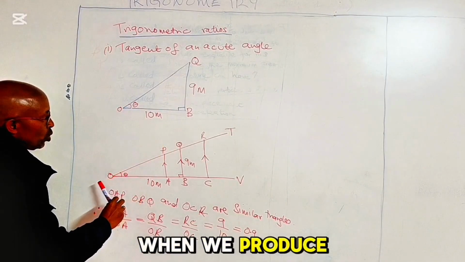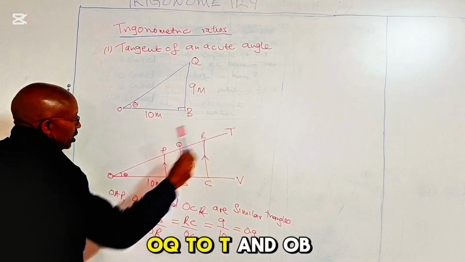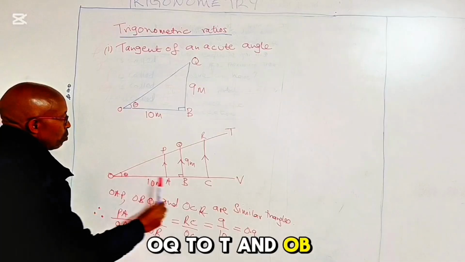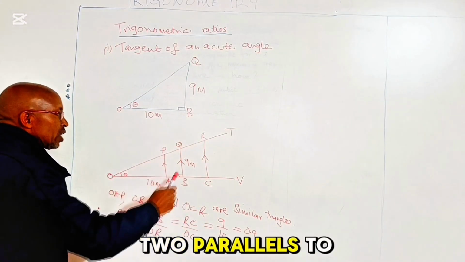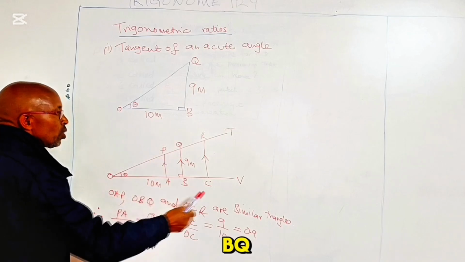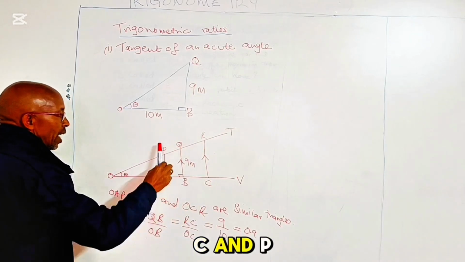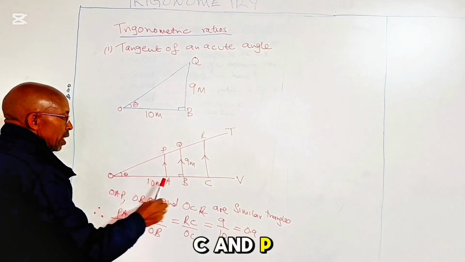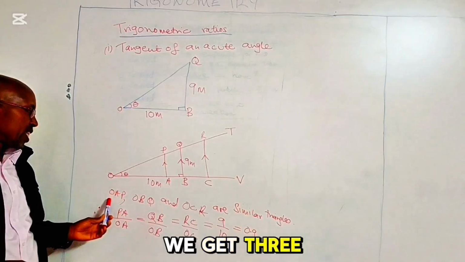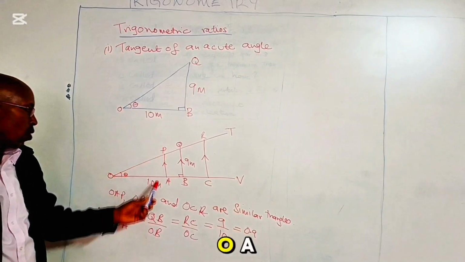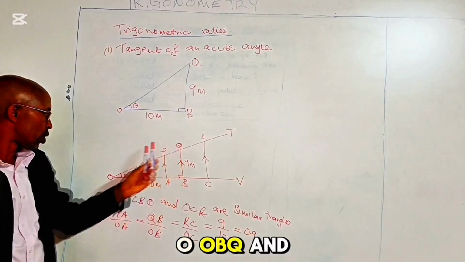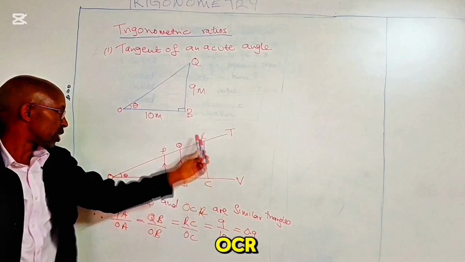After considering triangle OQB, when we produce OQ to T and OB to V, we draw two parallels to BQ, that is RC and PA. We get very similar triangles, that is OAP, OBQ, and OCR.